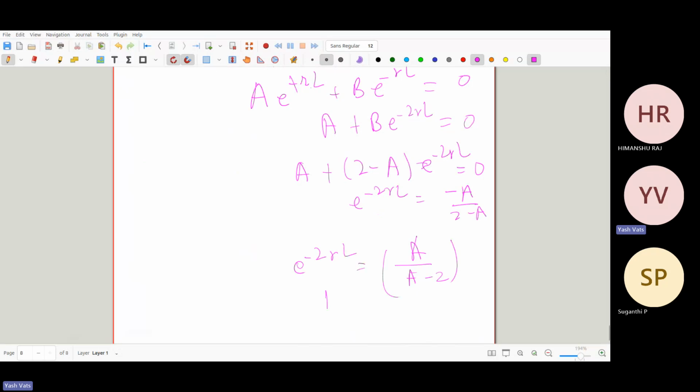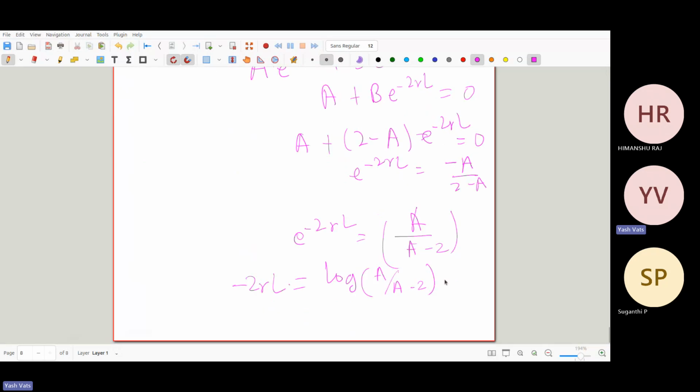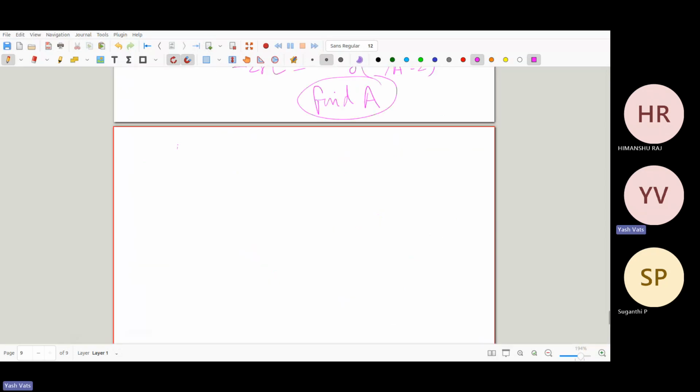And so you can take log of something like this and minus 2RL. Or you can find A from this. And once you got A, then use A plus B equals 2 to find B.